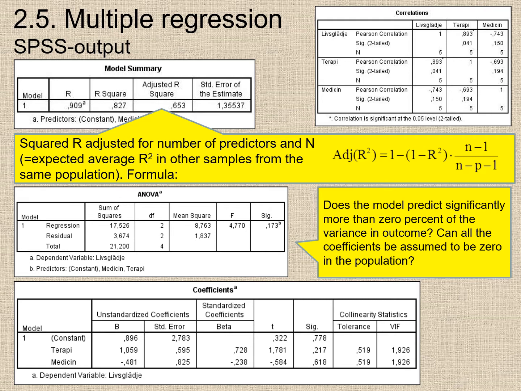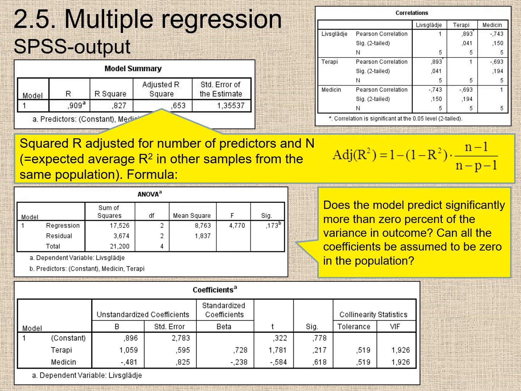If this one would be significant, we would draw the conclusion that not all regression coefficients are 0. At least one of the regression coefficients for one of the predictors differs from 0 in the population that the sample is representing. And then we would go further and have a look: what predictors have coefficients that differ from 0? So a bit similar: ANOVA and then post hoc test here.